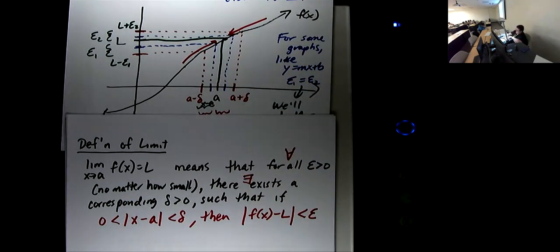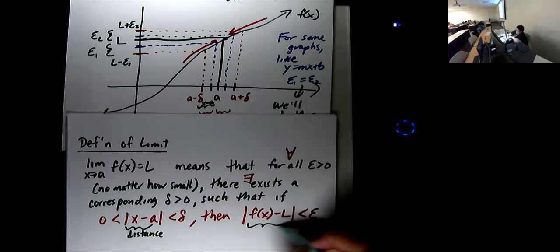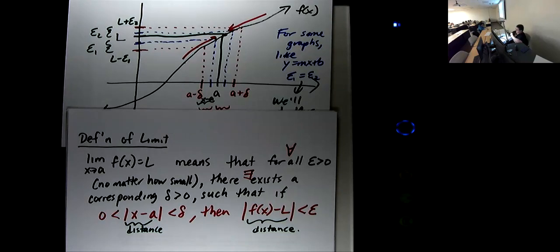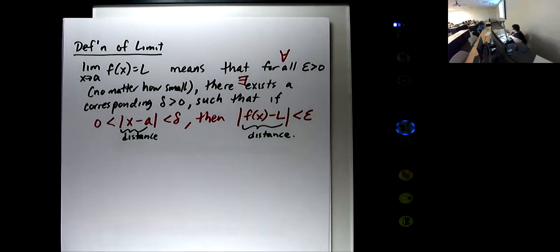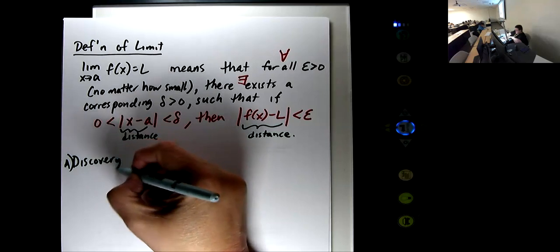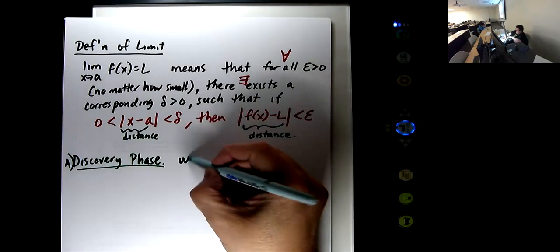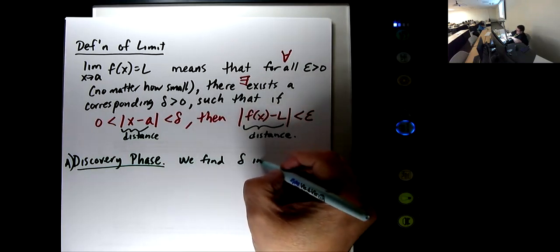And f of x minus L is a distance. So when you're doing these, this comes in 2 parts. We're going to have a discovery phase. And in the discovery phase, we find delta in terms of epsilon.